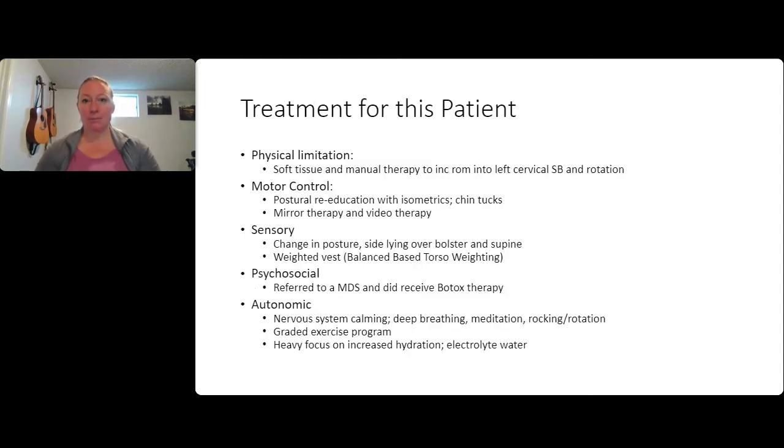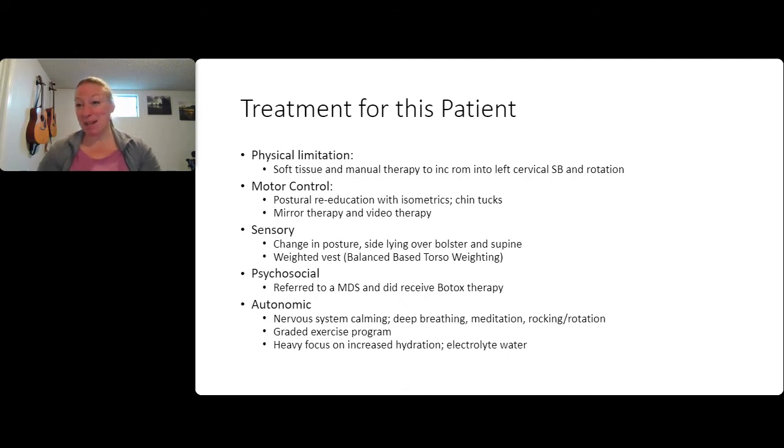All right, so that gives you a little background and context. If we look at his assessment through these puzzle pieces that would guide our choices in therapy, if we look at his physical limitations, he lacked the range of motion to move to midline. So we started with the foundation. If the structure is impaired, we started to work on some soft tissue and manual therapy to increase range of motion and try to get closer to midline.